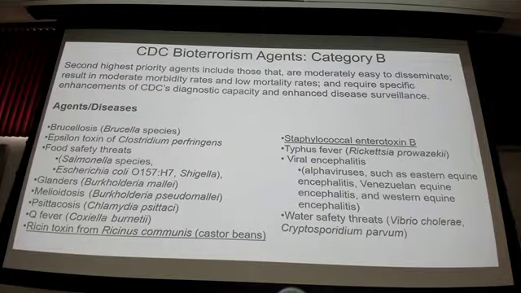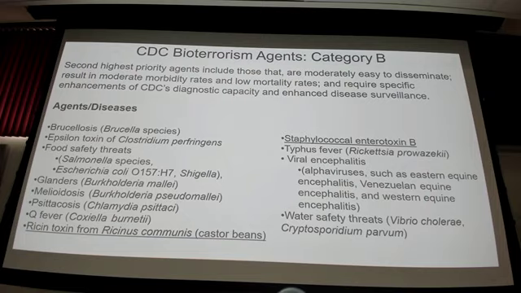Good. All right. For category B, we talked about ricin and staphylococcal enterotoxin B. Is there an approved vaccine for ricin? Nope. Right. What about for SEB? Nope.